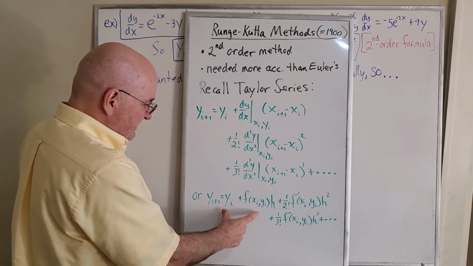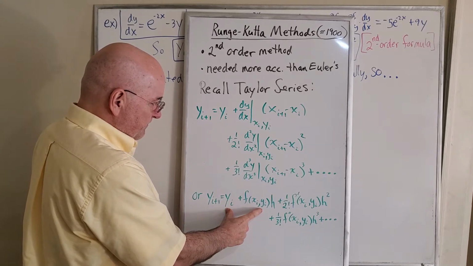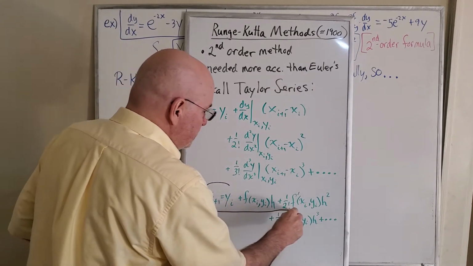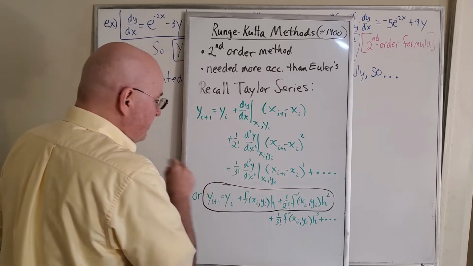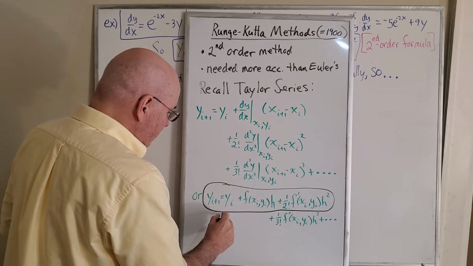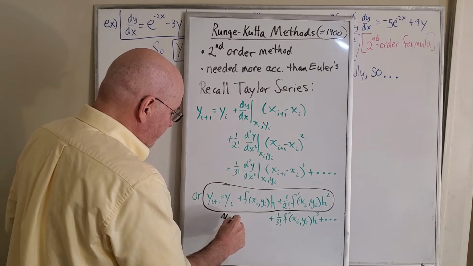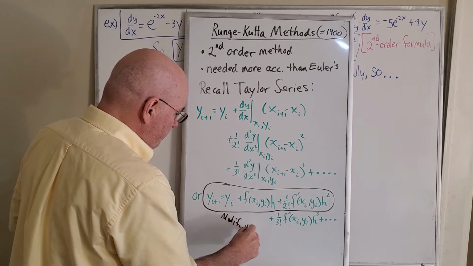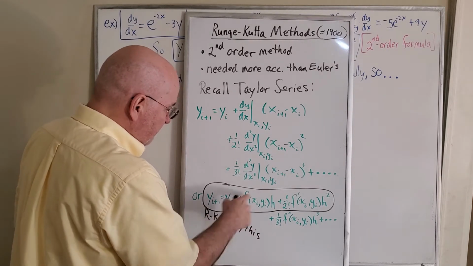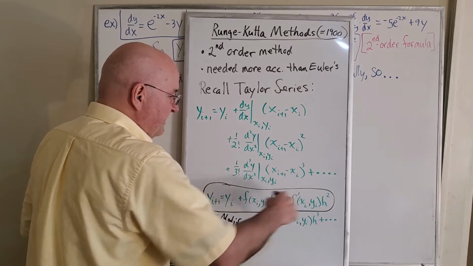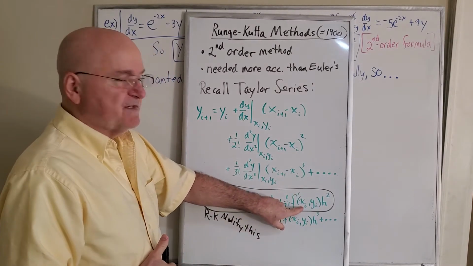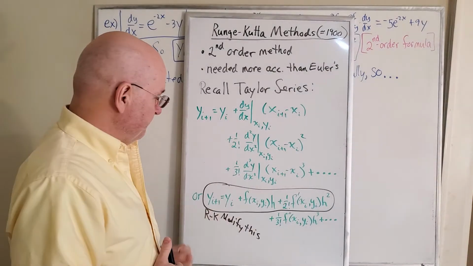Well, Euler used exactly these two terms. So what RK will use is these. They'll look at these terms and then modify this expression right here so that this derivative does not have to be computed.